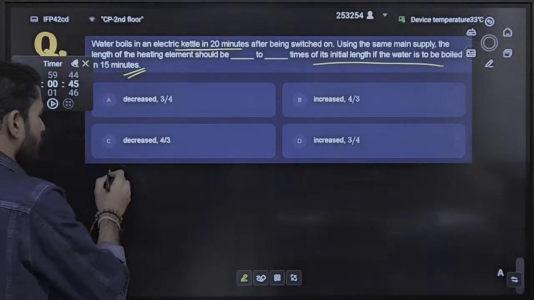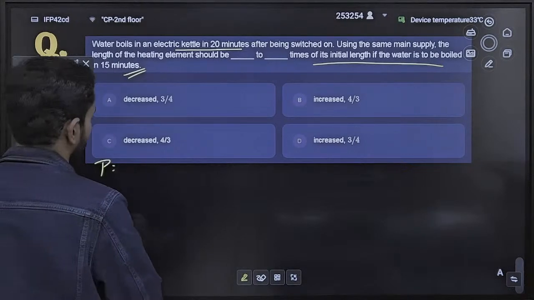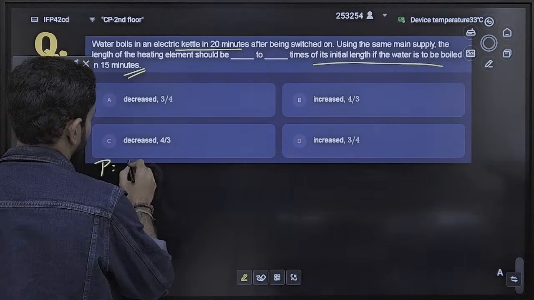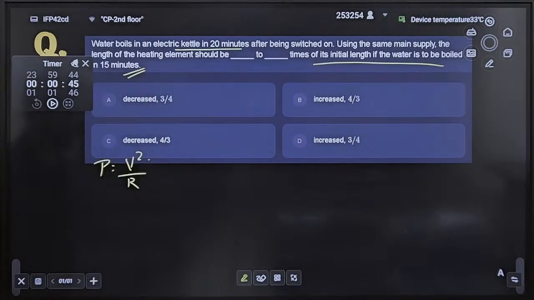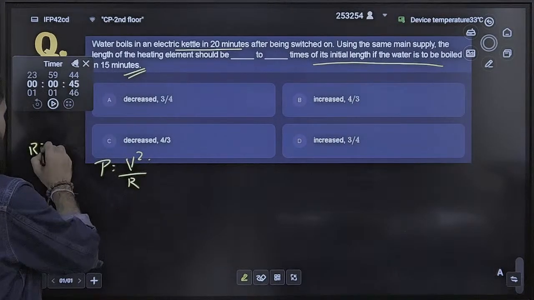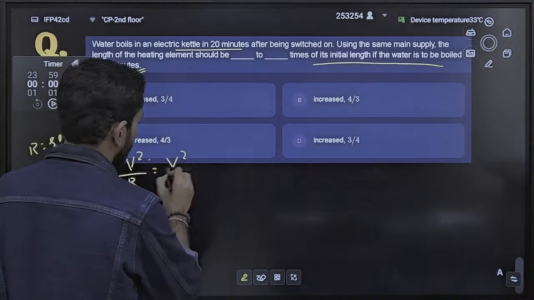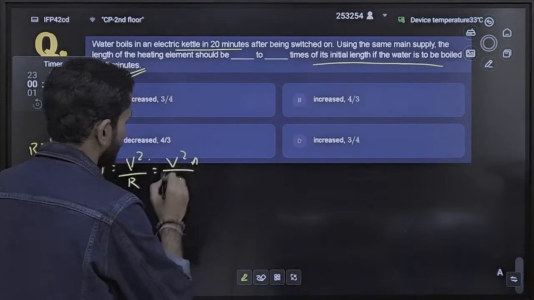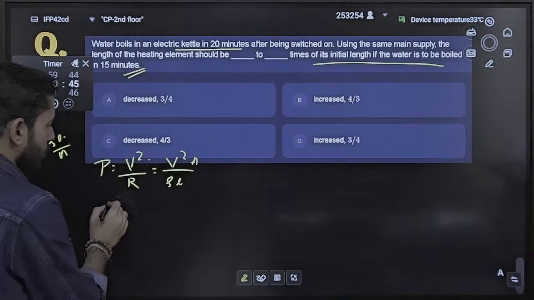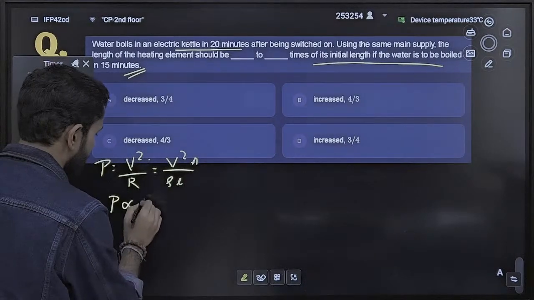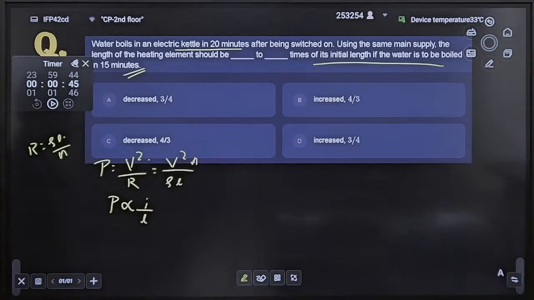First, let's see what is the power. Power can be written as V square by R. Correct. And what is R? R I told you is rho L by A. So it can also be written as rho L by A. First, check with length. What is the variation of power? So from here, can we say power is inversely proportional to length? Correct.